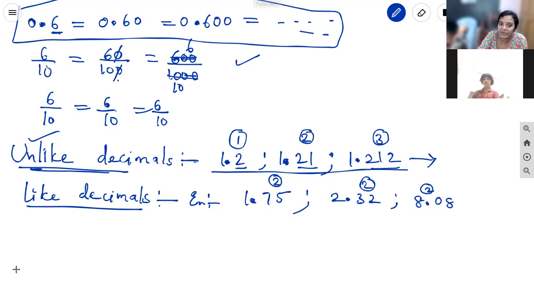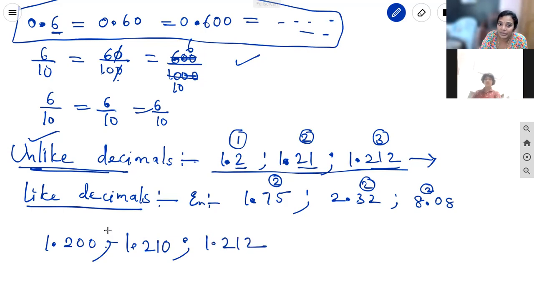Then we can convert the unlike decimals to like decimals: 1.200, 1.210, 1.212. These three decimals are like decimals. Why?